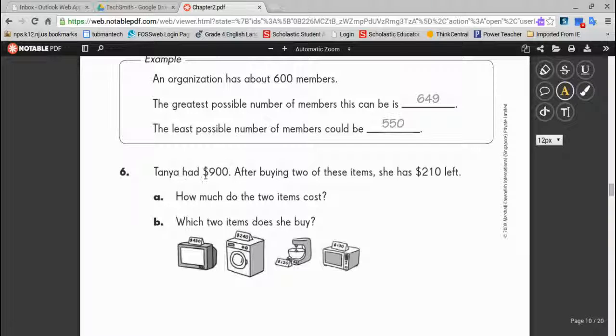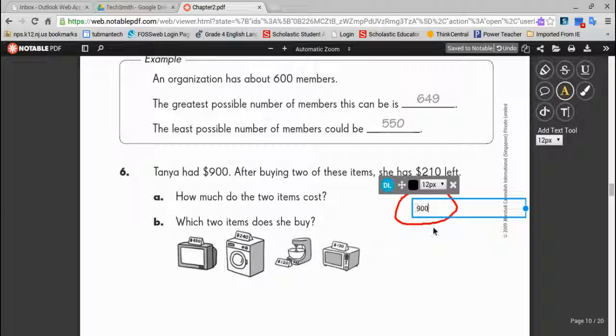So here we go. Tanya had $900. What I'm going to do right now is draw a simple circle, and I'm going to put $900 in it to represent how much money Tanya had. After buying 2 of these items, she has $210 left.